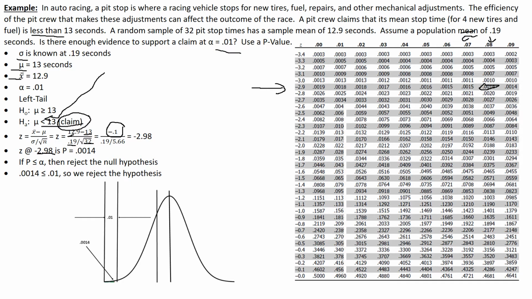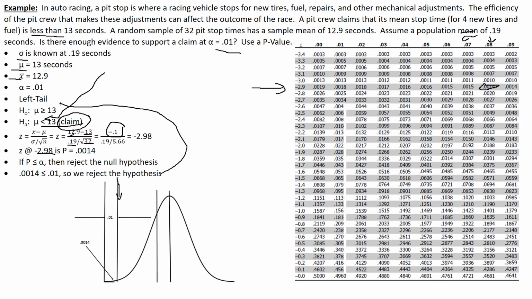Here's my alpha 0.01 here. That's 1% of the curve. 0.0014 is less than 0.01. So we would reject the null hypothesis, which means we're rejecting this one right here.